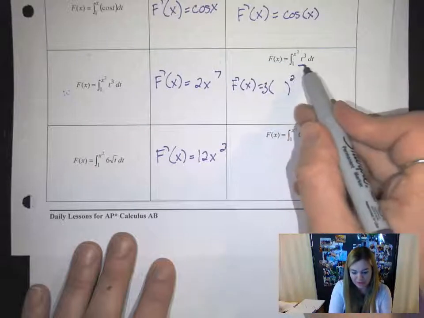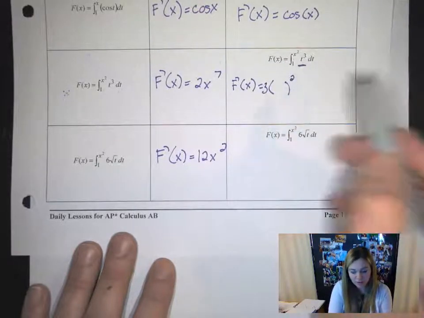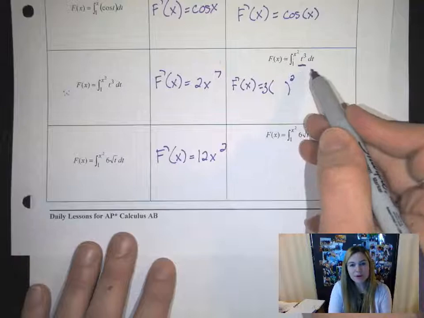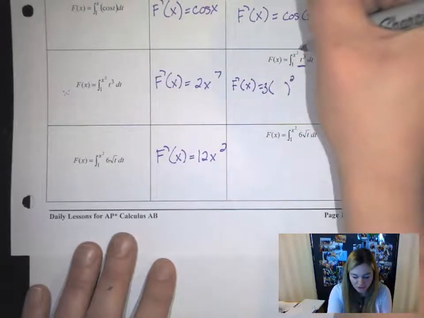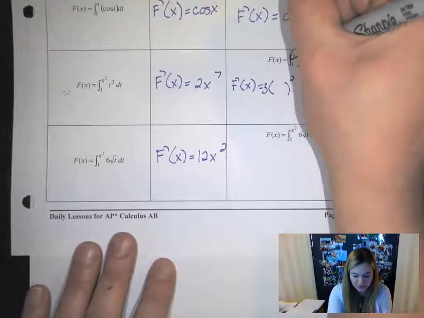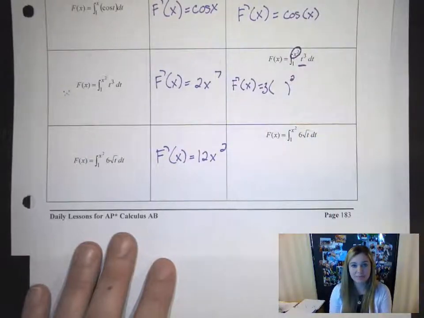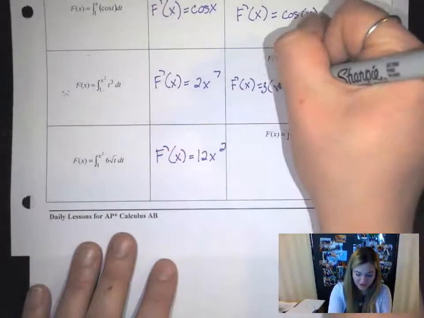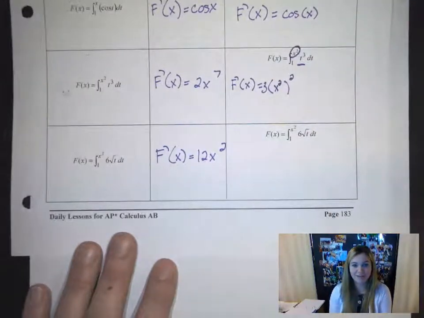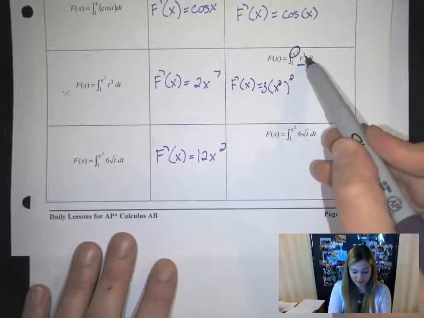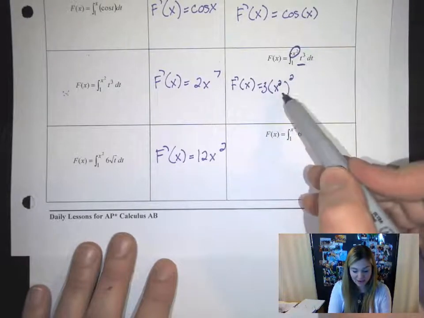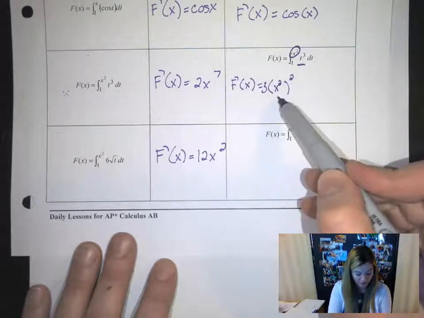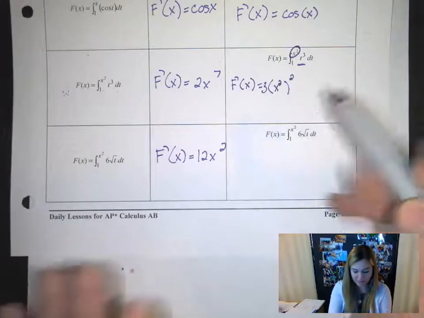So think about this, this would be like 3t squared, right? But do you remember how we always talked about how we leave the inside alone? The inside's going to look a little funny because instead of substituting in x this time, we're going to substitute in x squared. So we took the derivative of the outside, so this was 3 times something squared. Leave the inside alone.